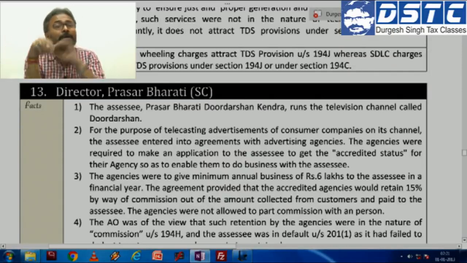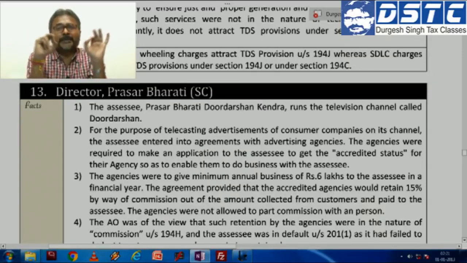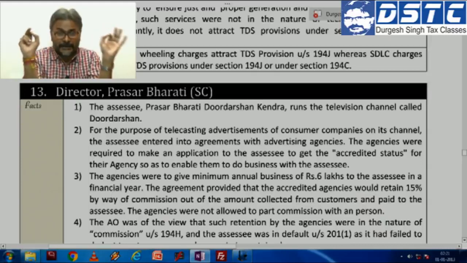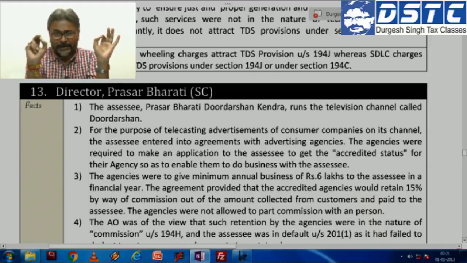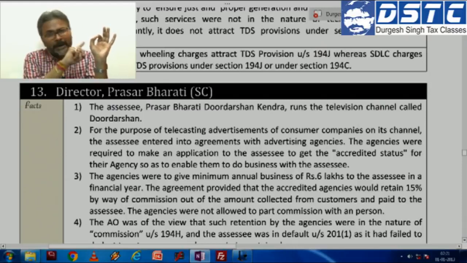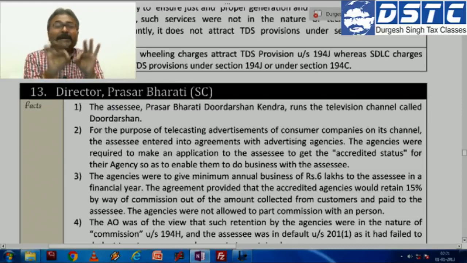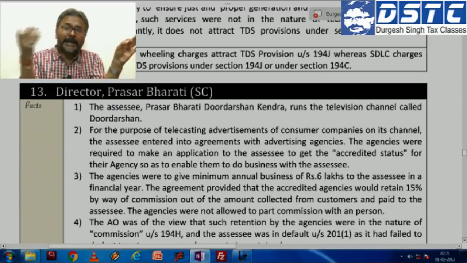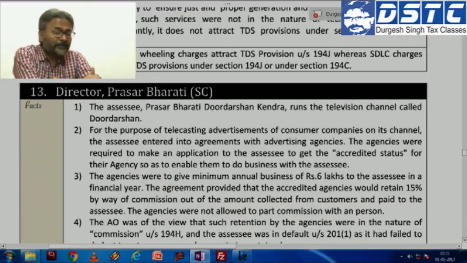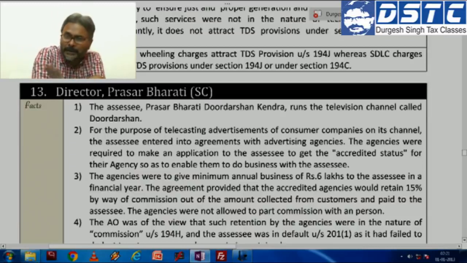What the agency will do, his commission, how much he is going to get as a cut on this rate, is already determined by the newspaper company and the agency. So he retains his cut, and the balance amount he gives to whom? To the company. This is the modus operandi.